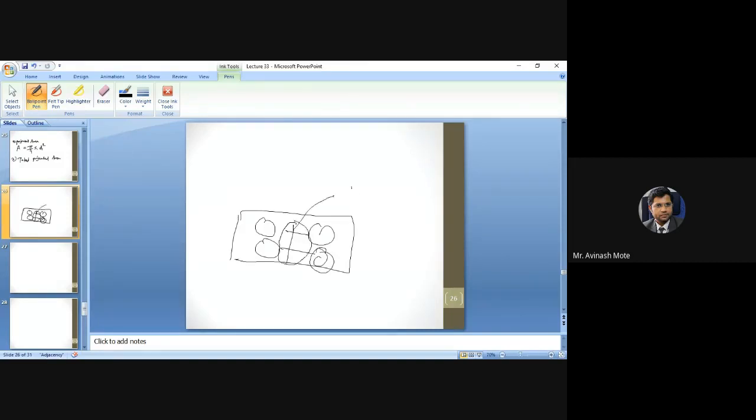This is nothing but the gating system. In compression molding we have not seen this gating system, but here it is required. It is an integral part of this mold design, so obviously we have to consider the area required for the gating system also, because it is part of this mechanism.